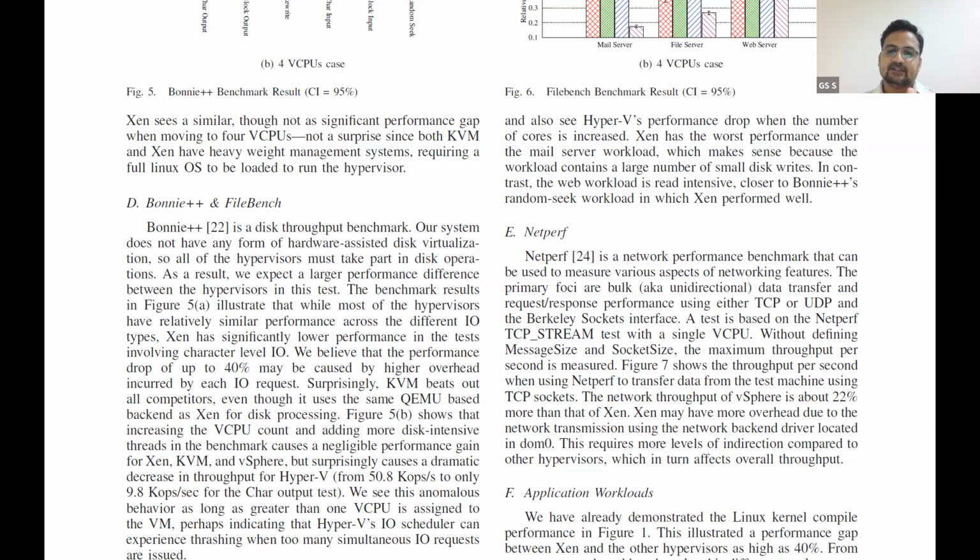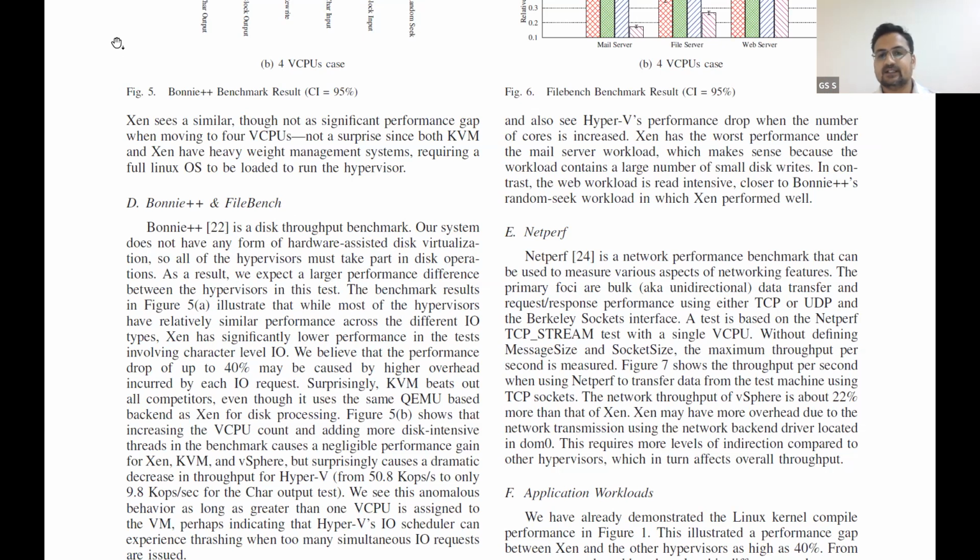Then random read, random write, random erase, random deletion. This is for single byte, 2 bytes, 4 bytes, 8 bytes, 1K, 2K, 4K. You continuously do this. That is how we compare disks, right? Then comes Filebench, which is file system benchmarking, because every hypervisor has a different file system. So we need to also compare that.